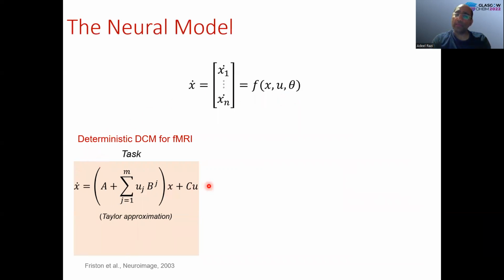There are various different sorts of DCMs in use. I will be focusing on deterministic DCM for fMRI, or task DCM, and I will be deriving this formula in the next few slides. This is a specific form of DCM where we use a bilinear approximation.